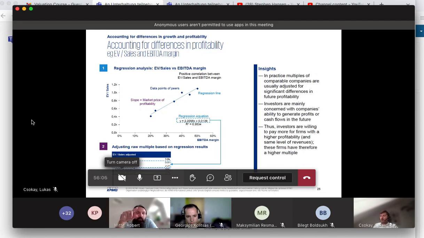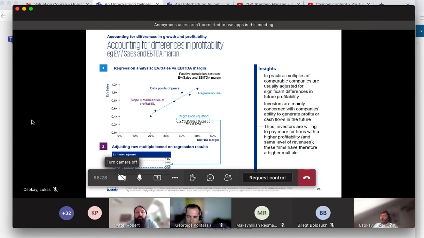If you remember, Lucas just showed you how we would calculate the multiple from a peer group, right? We have different peers. We calculate the multiple for all the peers, and then we normally would use the average or the mean of that peer group, right?